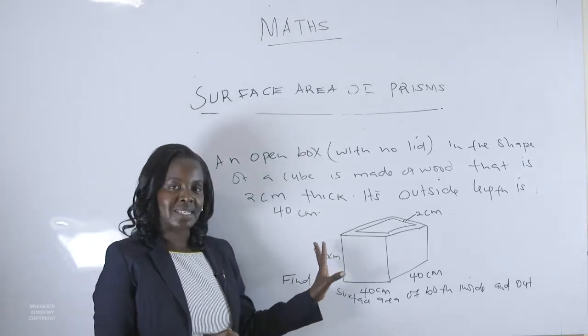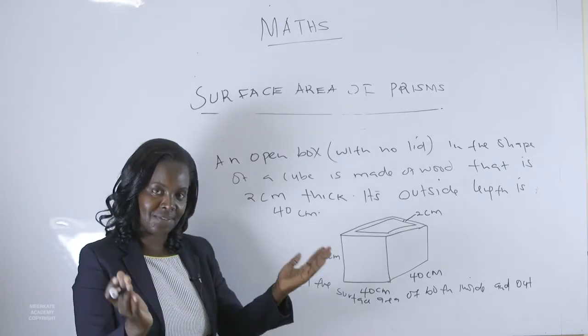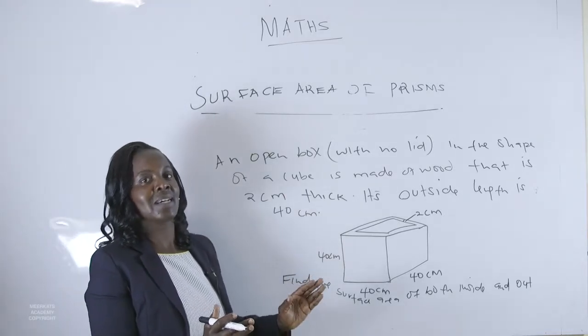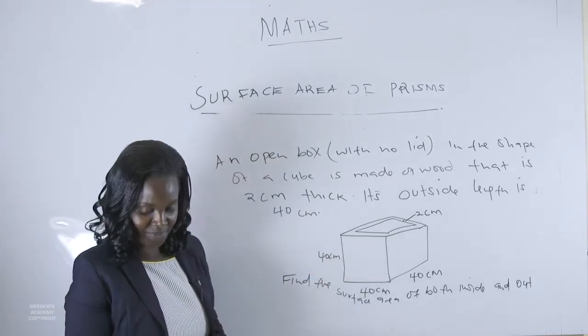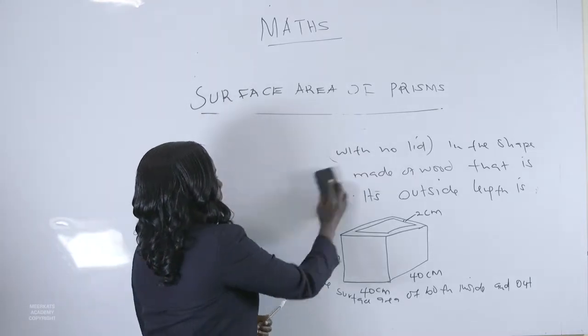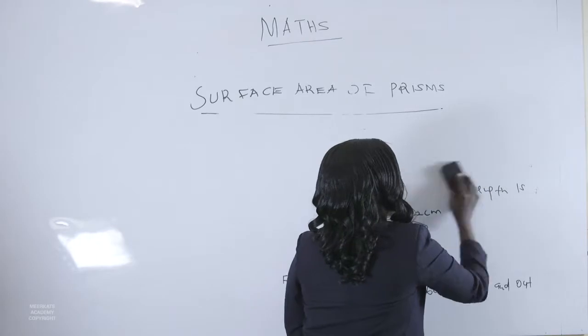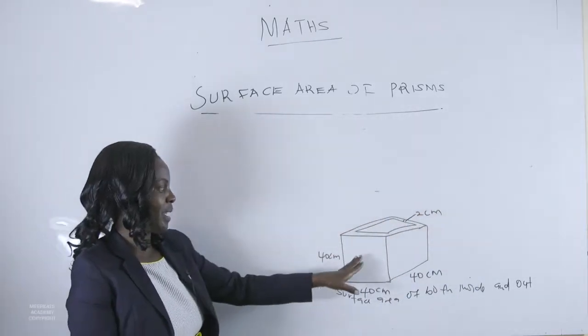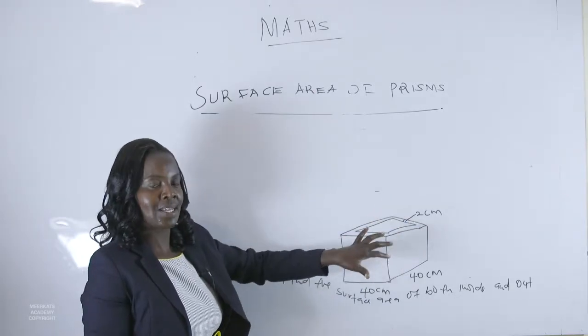So we know that the surface area is the area of all the faces. Then you add them together. So this is a cube, meaning all faces are equal.